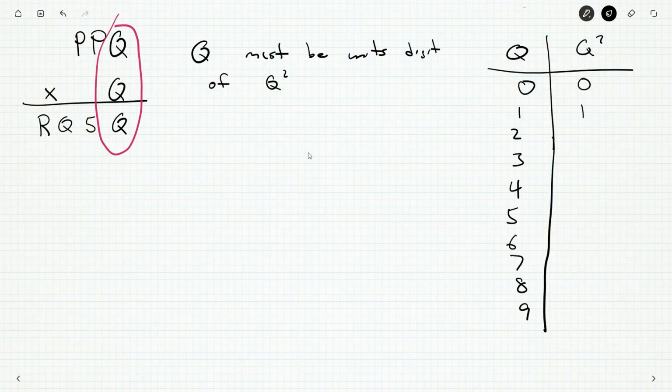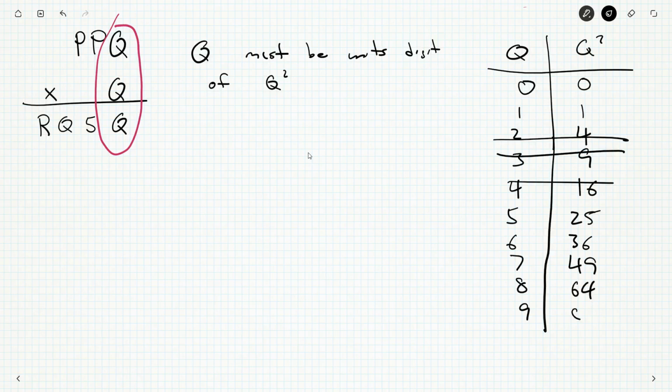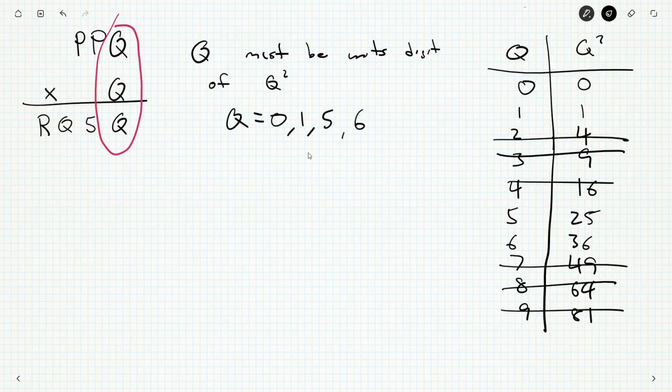That ends in 1. 2 squared is 4, so that's out. 3 squared, 9. Nope. 4 squared, 16 doesn't end in a 4. 5 squared, 25. Okay, there's a possibility. 6 squared, 36. That ends in a 6. That's fine. 49, 64, and 81. None of these count. So that tells me Q is 0, 1, 5, or 6.